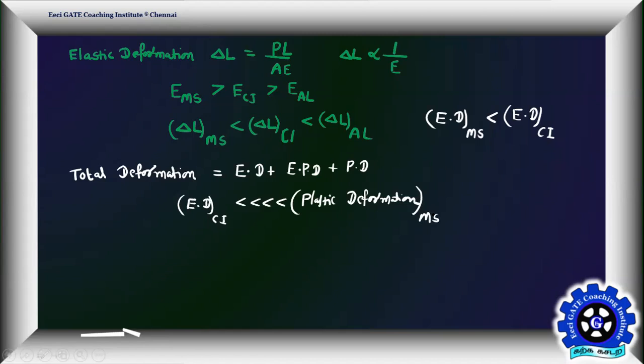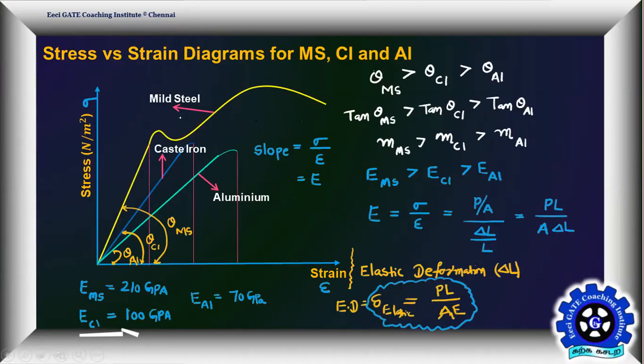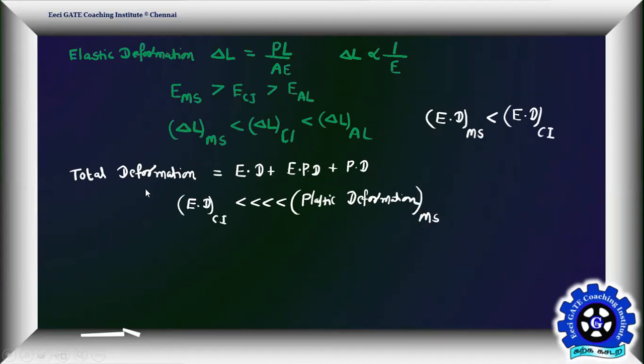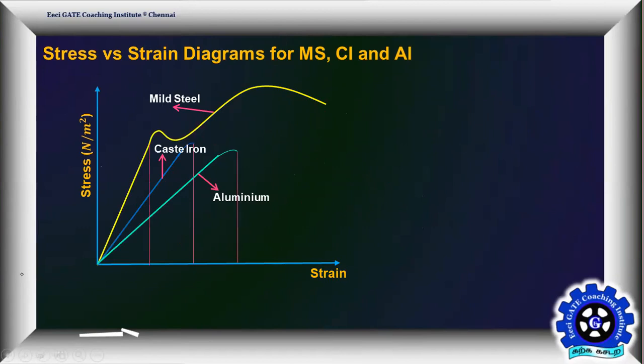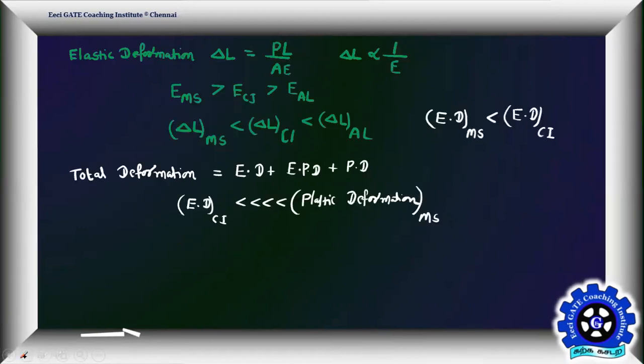Correct or not? From figure you can see. In this case, plastic deformation will be very high compared to elastic deformation of cast iron and aluminum. To get total deformation, we need to add elastic deformation, elastoplastic deformation, finally plastic deformation. That is why we can happily write this.